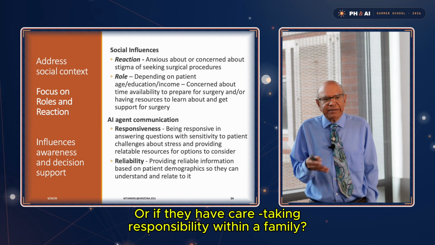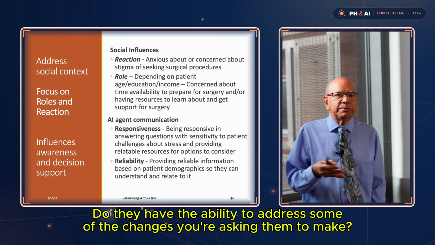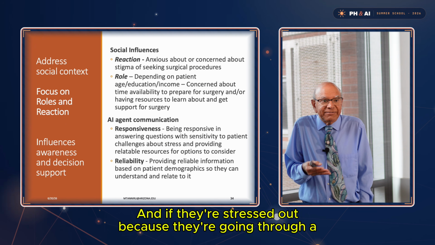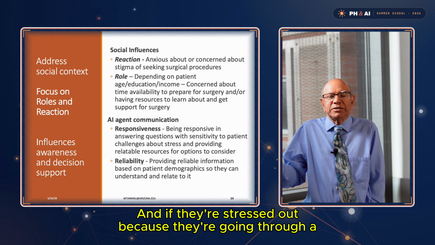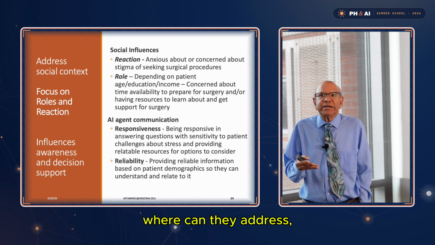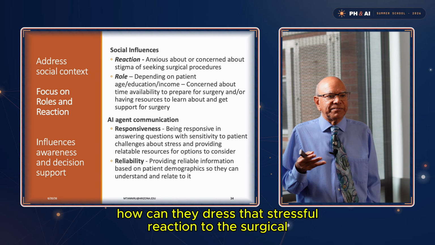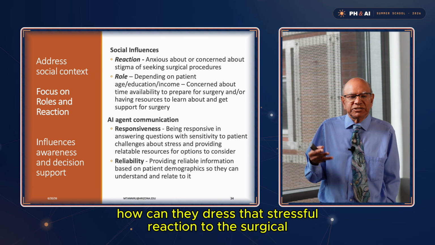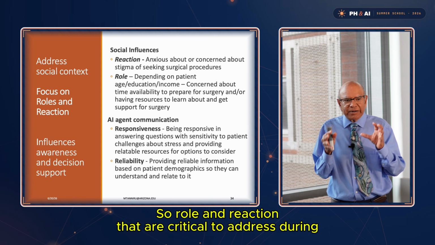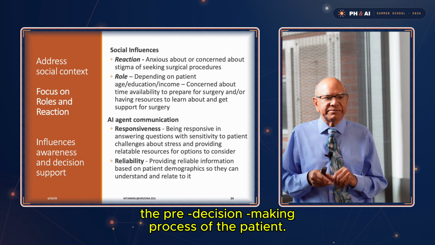Or if they have taken responsibility within a family, do they have the ability to address some of the changes you're asking them to make? And if they're stressed out because they're going through a surgery that is maybe complicated, where can they address that? How can they address that stressful reaction to the surgical process? So role and reaction are critical to address during the pre-decision-making process of the patient.